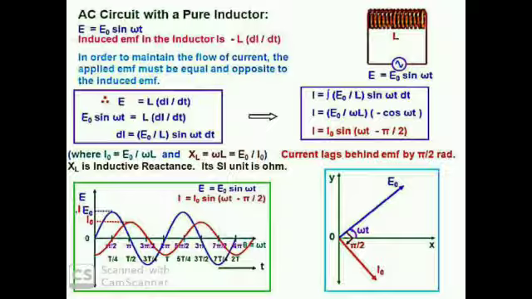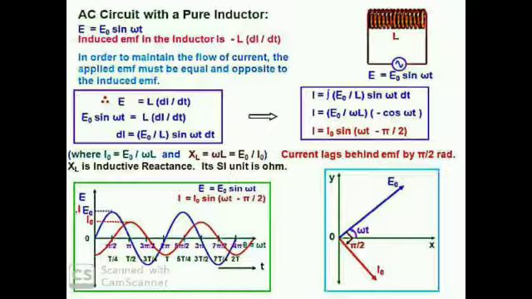Now integrating on both sides, as the equation is di equal to E naught by L into sin omega t dt, integrating on both sides, you will get i equal to E naught by omega L into minus cos omega t, as the integration of sin omega t is minus cos omega t by omega.